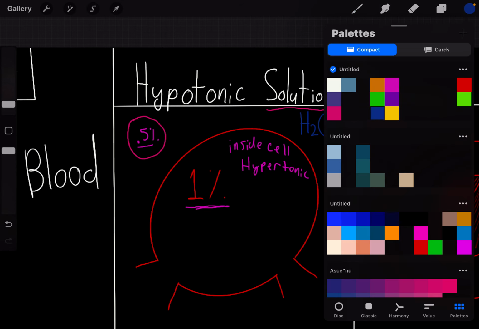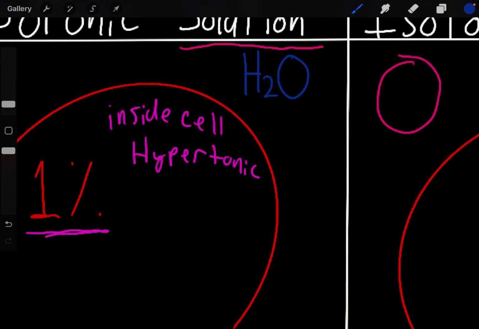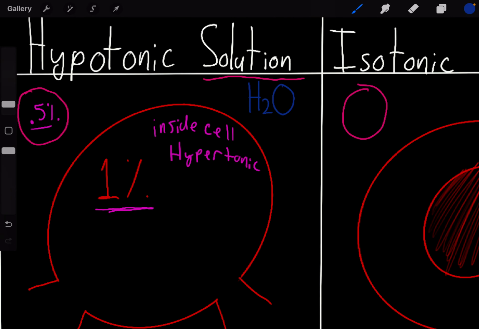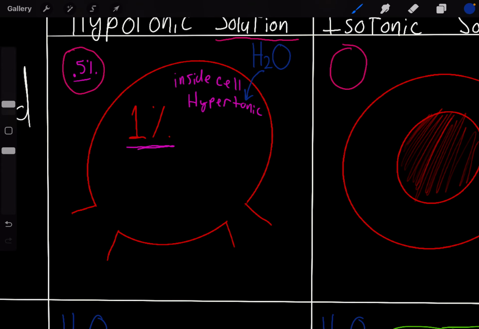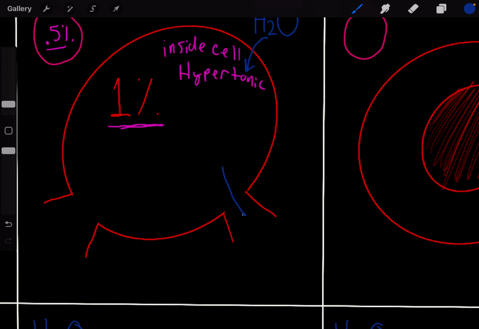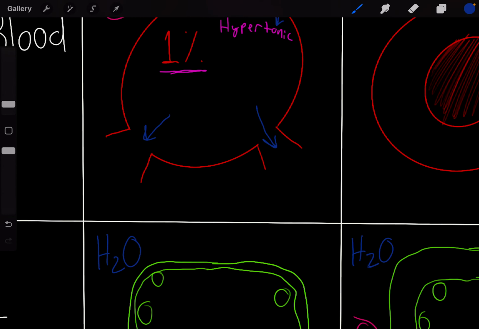And remember, water always goes towards hyper. So H2O is going inside the cell, causing this red blood cell to burst, and the name of this is called lyse, or burst.